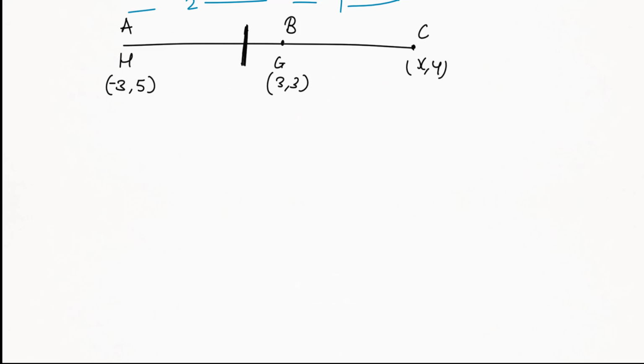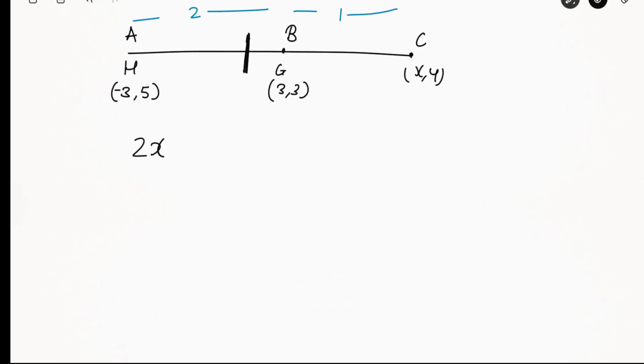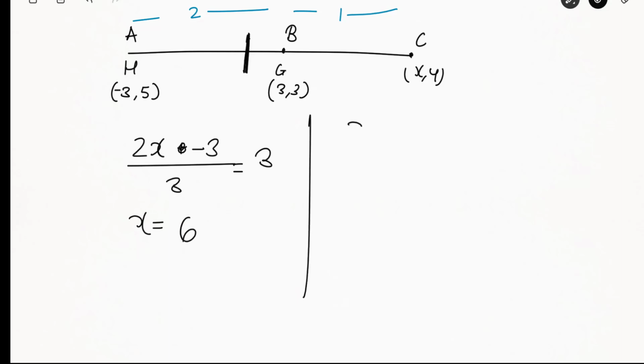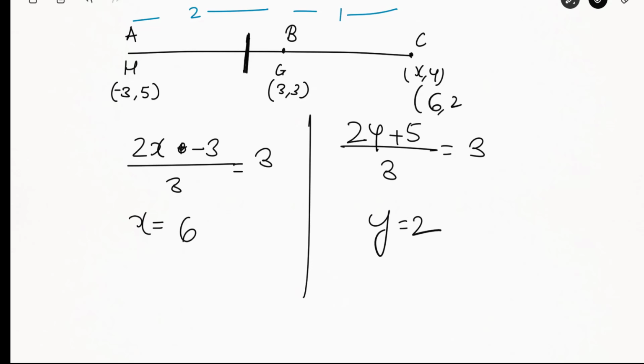If we apply that, 2 times x, 2x plus 1 times (-3), so (2x minus 3) over 3 is what? This 3. So x will be 6, and again 2 times y, 1 times 5, (2y plus 5) over (2 plus 1), 3 equals 3. So y will be 2. Now we know this point, (6, 2).